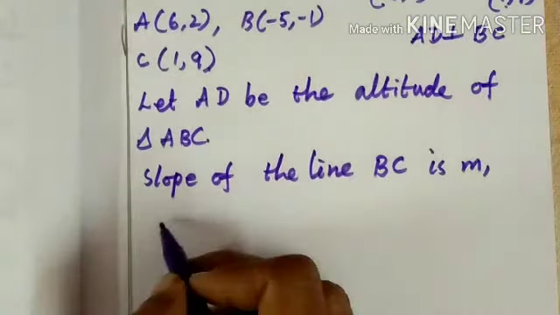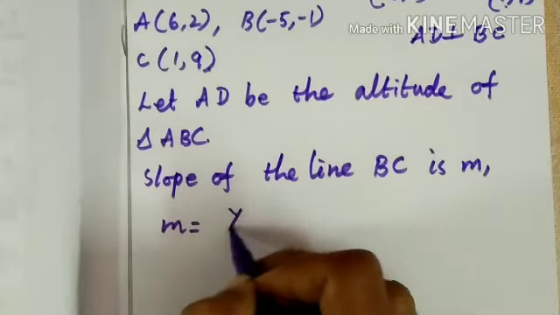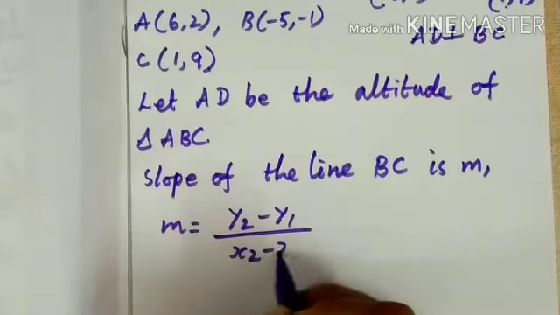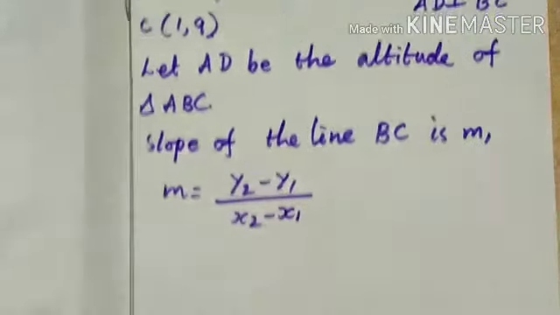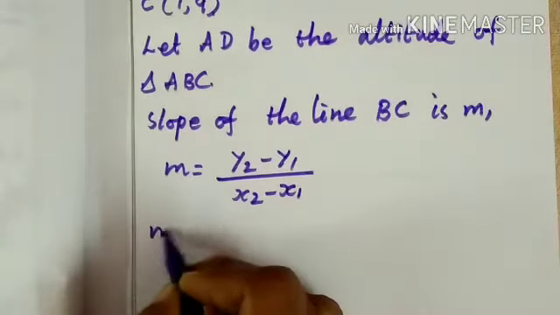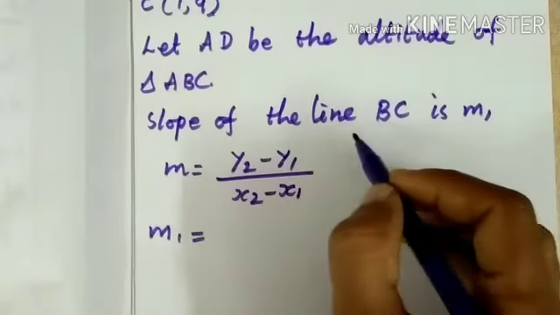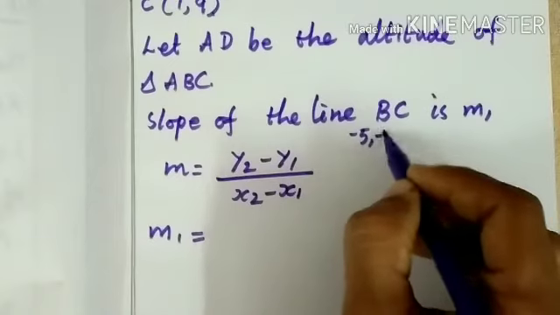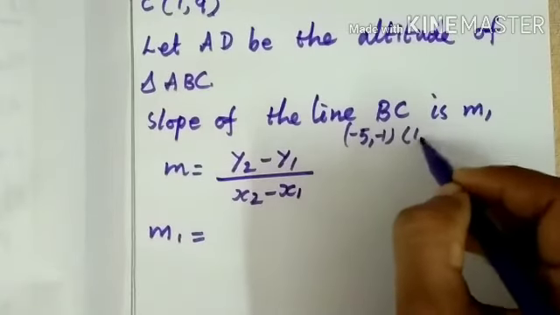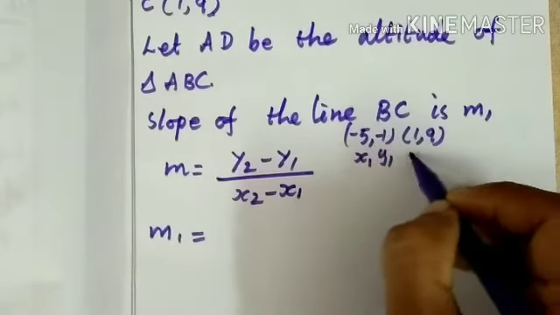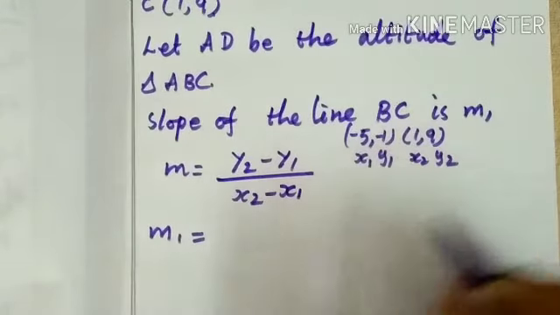First you have to write the slope formula. What is the slope formula? M is equal to (y2 minus y1) by (x2 minus x1). M1 is equal to, here B(-5, -1), C(1, 9). Let us assume these points x1, y1, x2, y2.